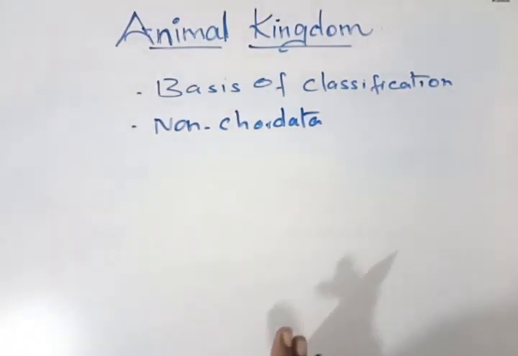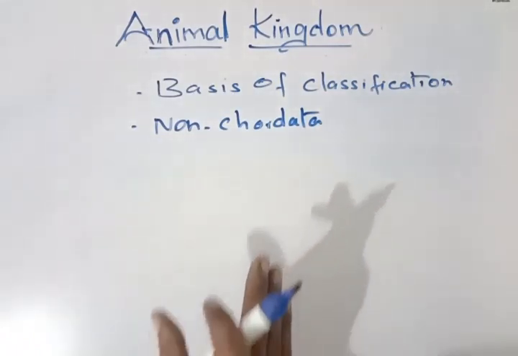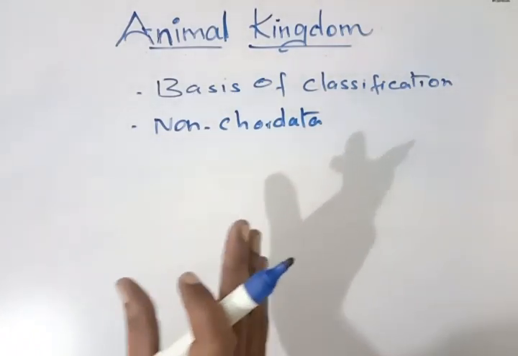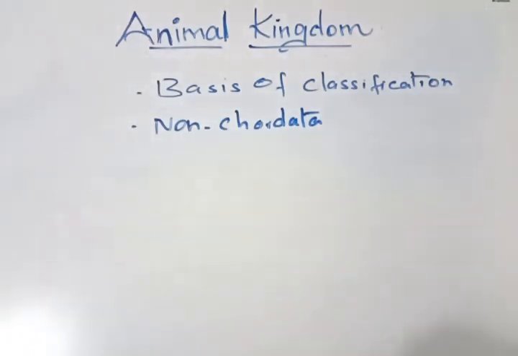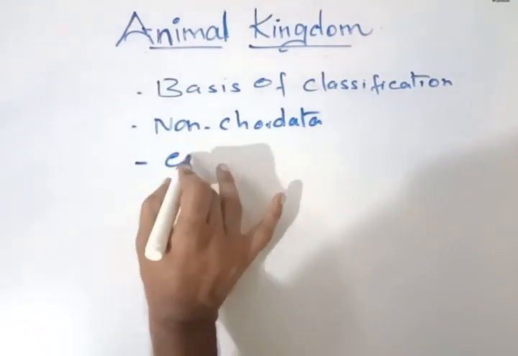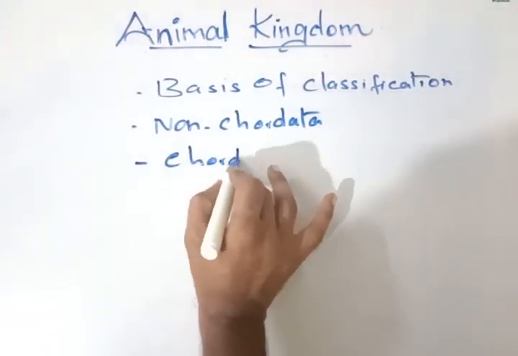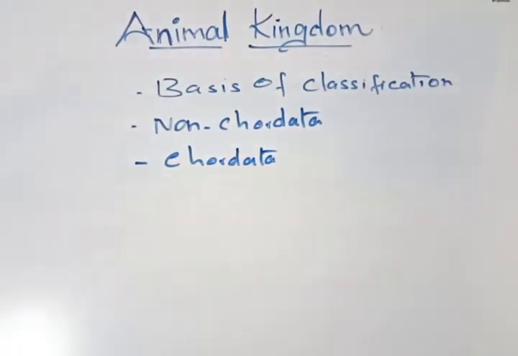So scientists have classified based on certain fundamental features. They have grouped certain animals under non-chordates. So all they are called invertebrates. And finally we will study about the chordates. Chordate means the vertebrates are all called chordates.